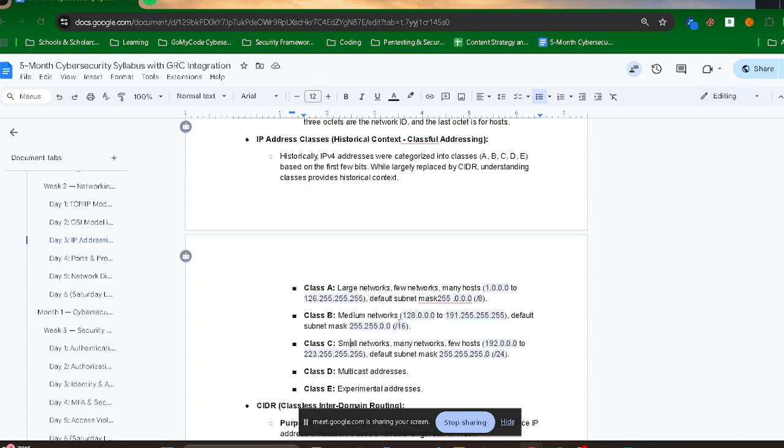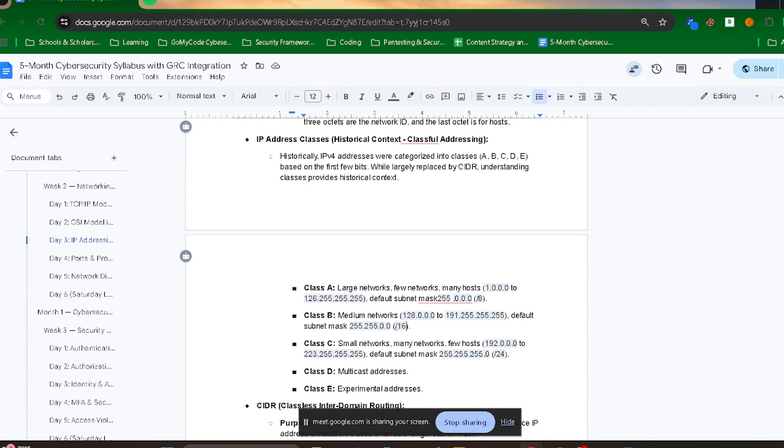The second one is /16, which means that it has two octets for the network. You can see that these slash numbers are always in multiples of 8.